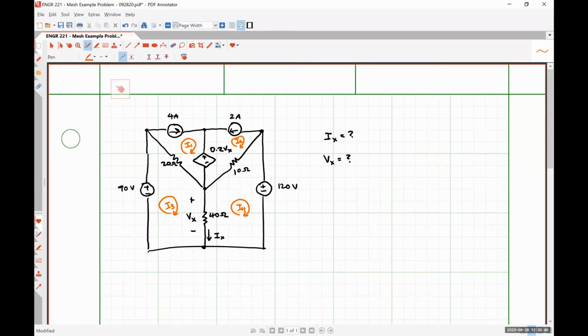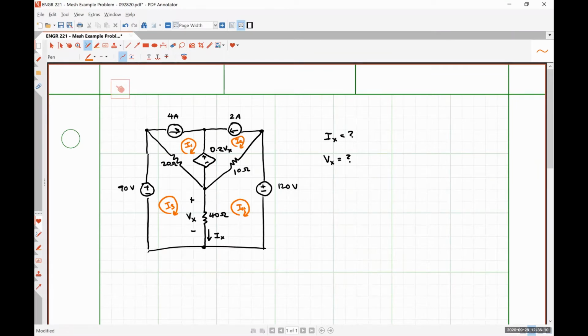So we could say that the total current flowing through that 40 ohm resistor with direction down is I3 minus I4, and the total current flowing up would be I4 minus I3. So that's what I mean when I say a mesh current doesn't specifically flow through a single resistor or single component or something like that. There can be multiple mesh currents.